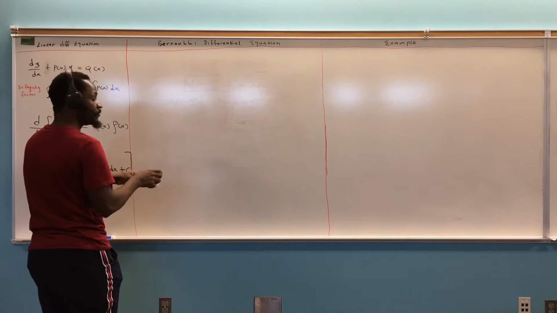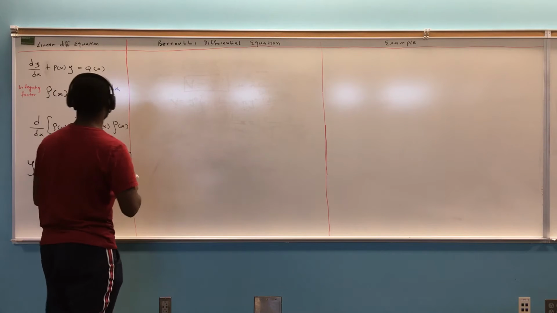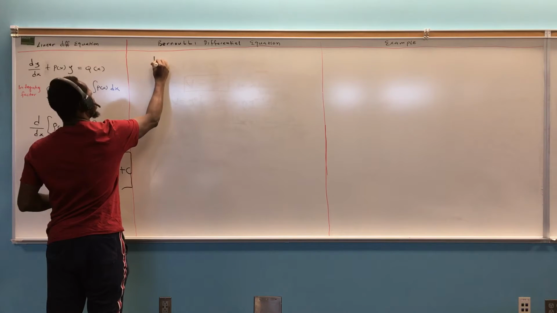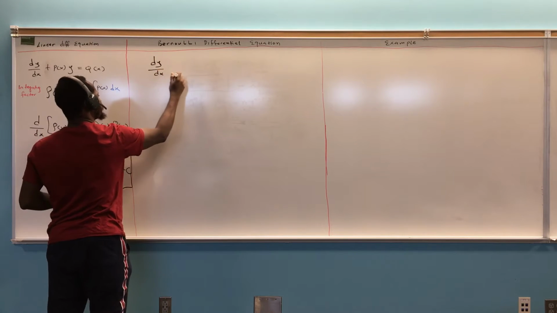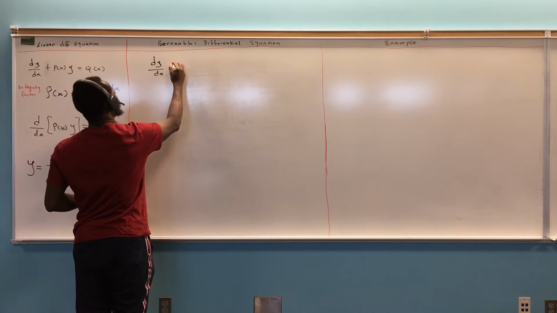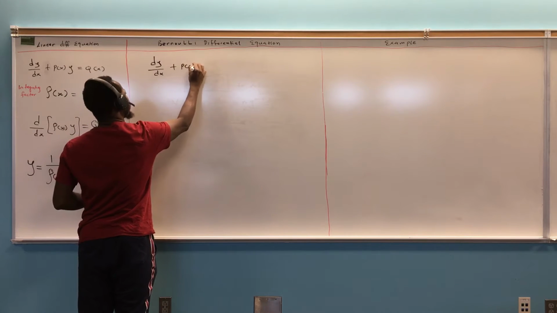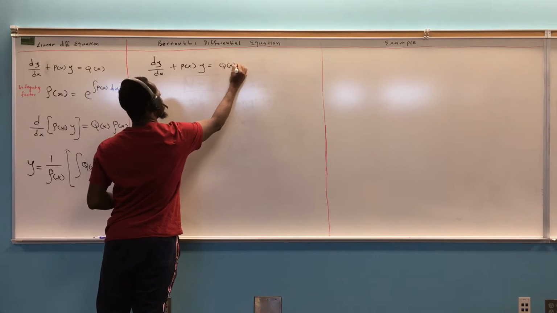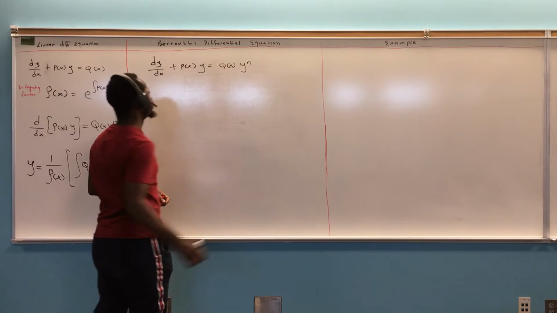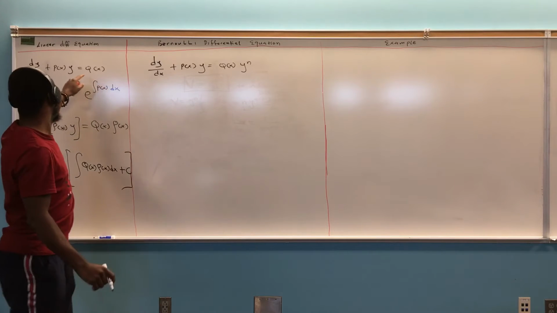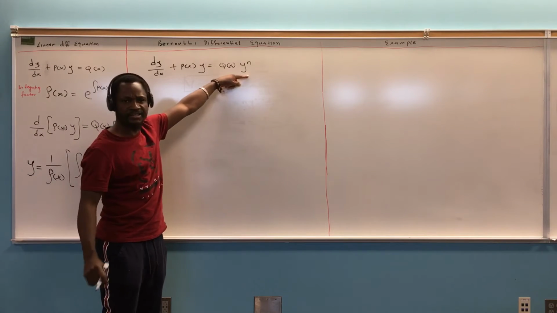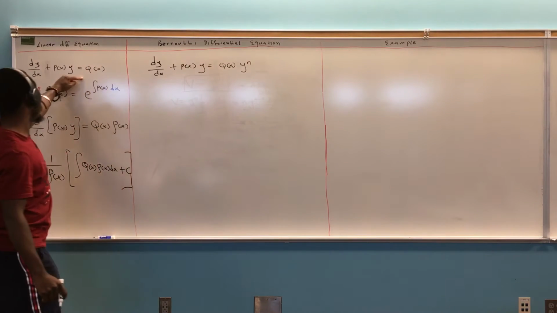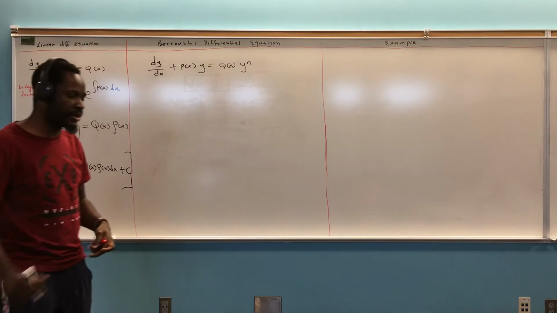So the general form for the Bernoulli differential equation is dy/dx plus p of x y is equal to q of x y^n. The difference is that Bernoulli has this extra term, whereas linear does not have it.